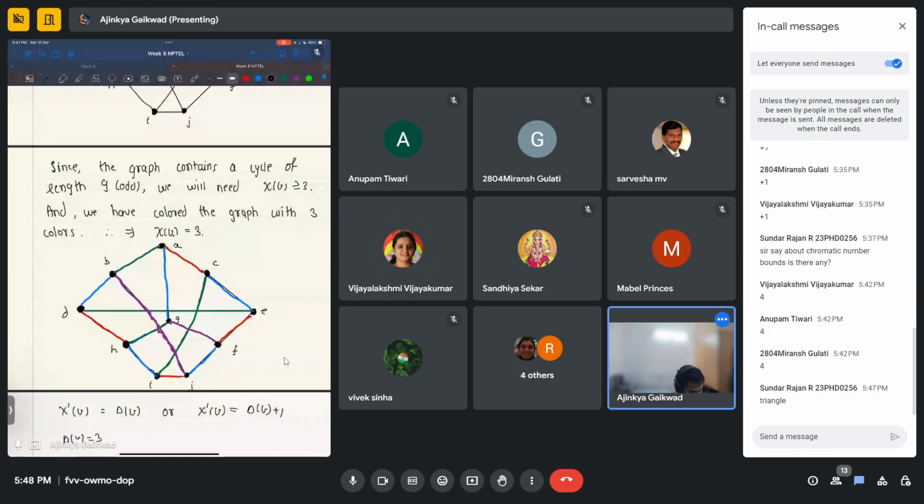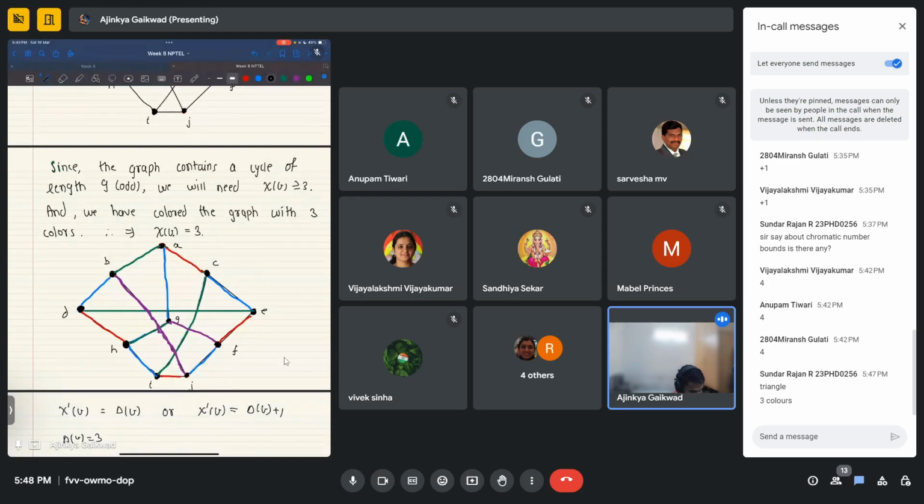In fact, let me just see once again if we can. So this purple, can it be turned into something else? If I make this green, then wait just a second. So this was colored red before.